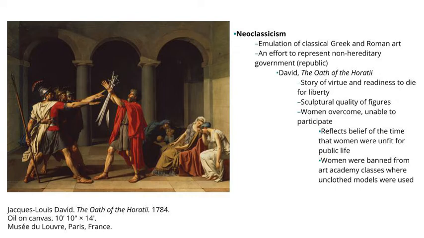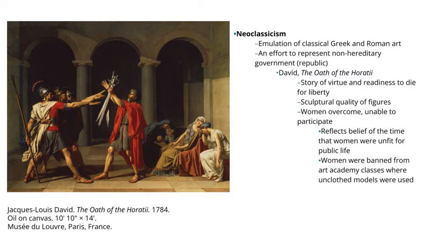For example, here we have The Oath of the Horatii by David, and this is a story of virtue and readiness to die for liberty. So Horace here is standing up for what he believes in, but not so much about the story behind this, just looking at the figures themselves.